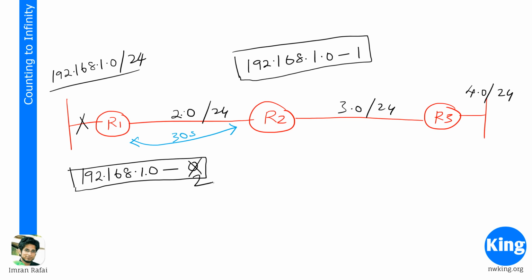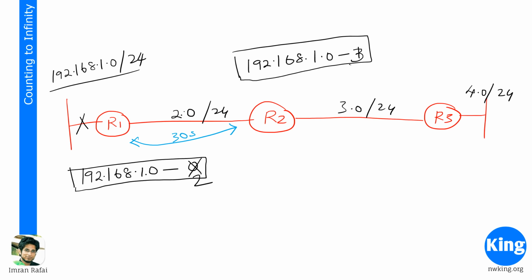So he's happy, everybody's happy. R1 sends the update to R2 saying, okay, I have access to 192.168.1.0 with a hop count of 2. R2 looks at that update and says, okay, earlier you told me you have access to the same network with a hop count of 0, but now since you're telling me you have access with a hop count of 2, I'm going to update my routing table to 3, right?